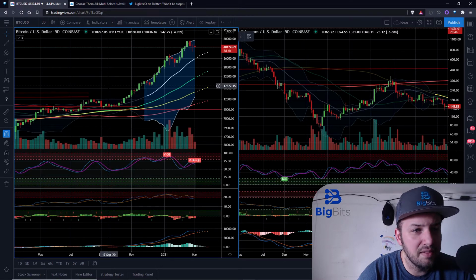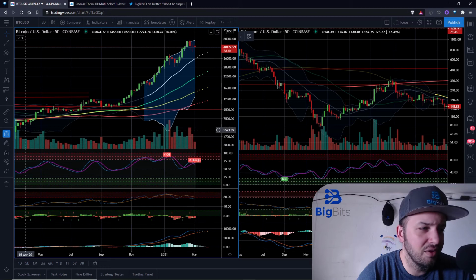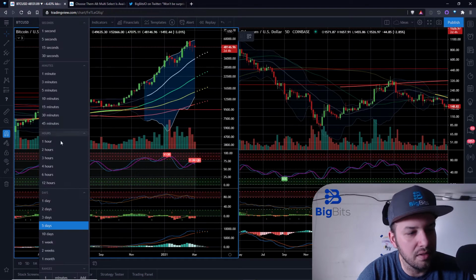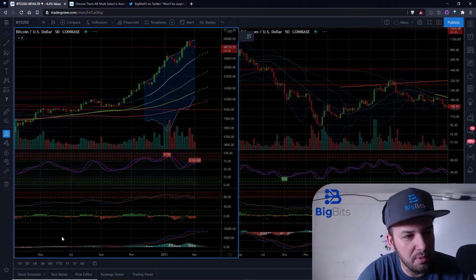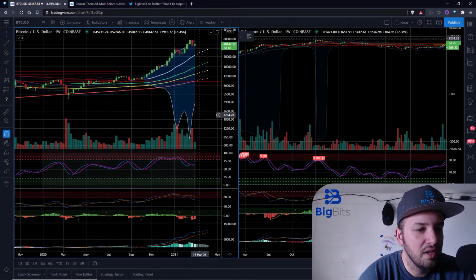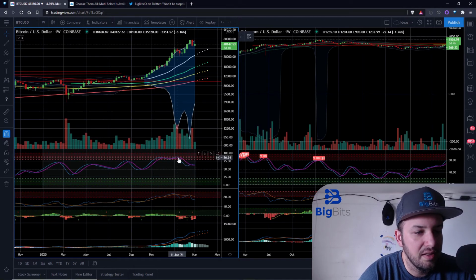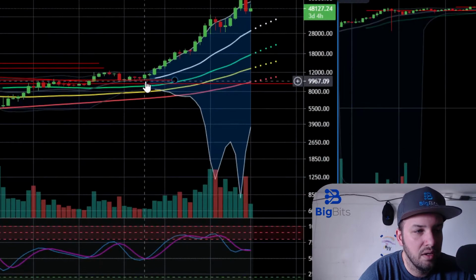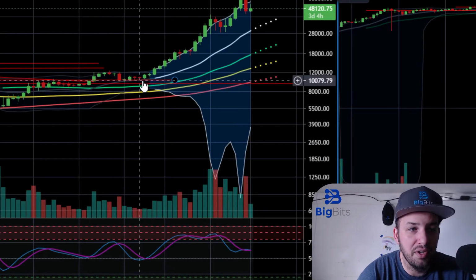So that's something I'm keeping an eye on here with the 5-day chart, and it looks very similar with the weekly. The weekly just doesn't show up as nicely on here because of its linear scale, but let's pull it up anyway. Okay, we've zoomed in enough that it actually looks all right. You can see there may also be a very similar divergence forming on the weekly. Very important to note that we have not tested the mid Bollinger Band on the weekly chart for Bitcoin.